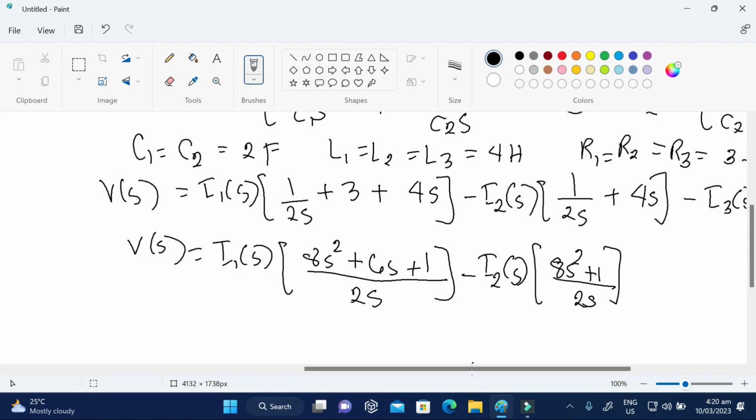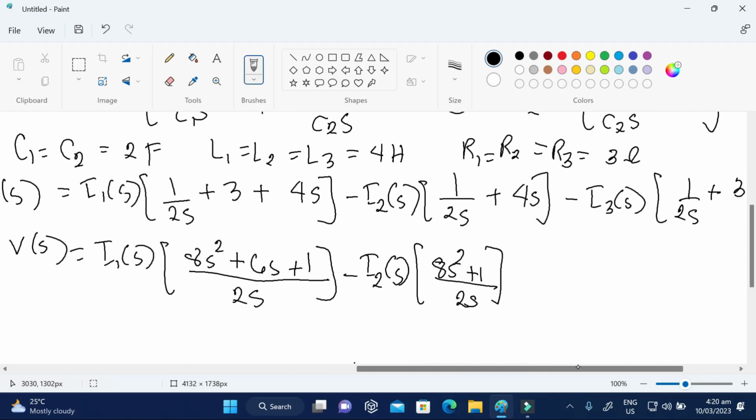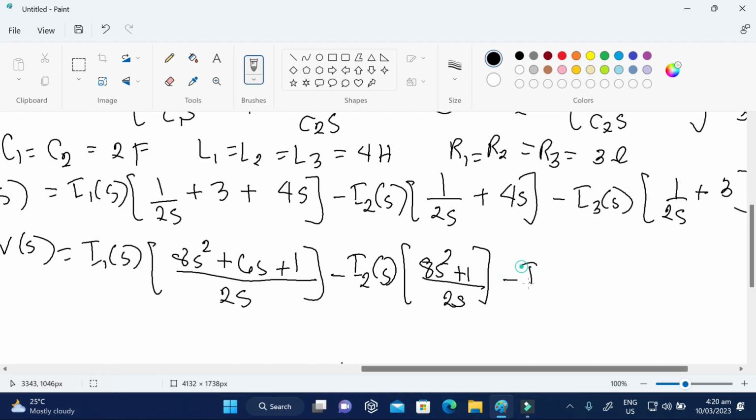Minus I3S multiplied by 6S plus 1 over 2S. This is supposed to be 6.